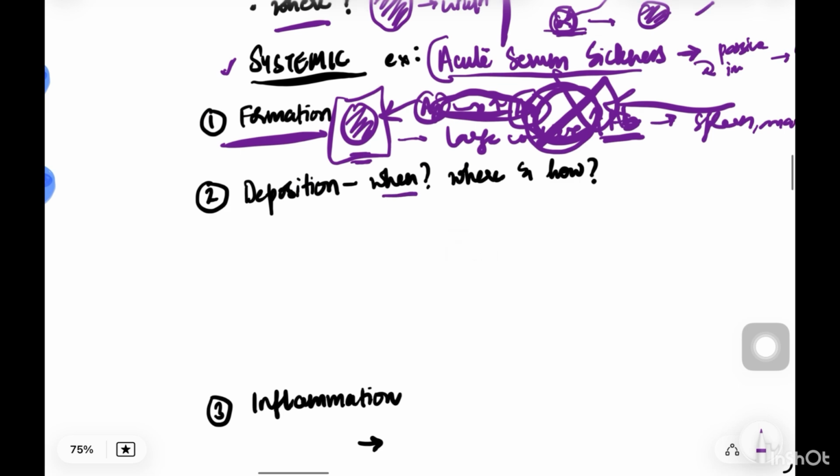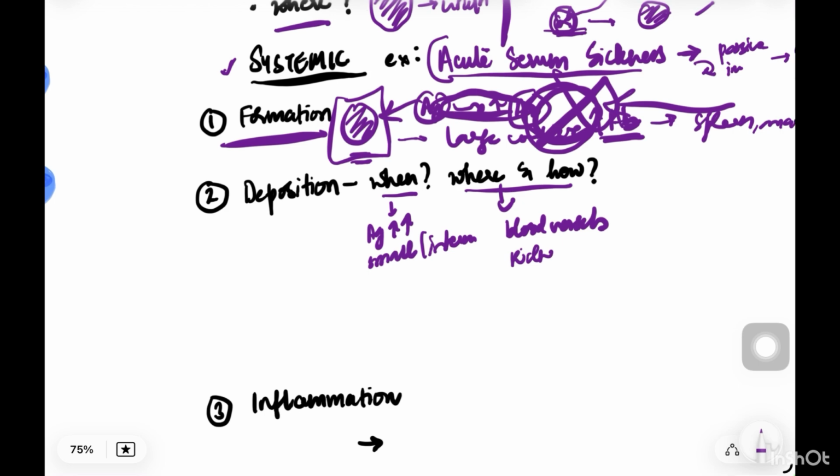So, when and where and how does the deposition happen? When, like we discussed, when antigens are in excess and when the immune complex is small or intermediate in size. Where? This can happen within the blood vessels, and some organs prone to this are the kidneys and joints. Why is that?